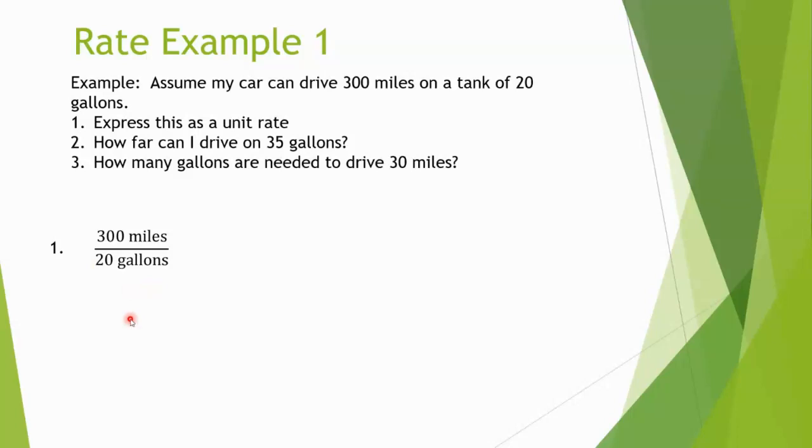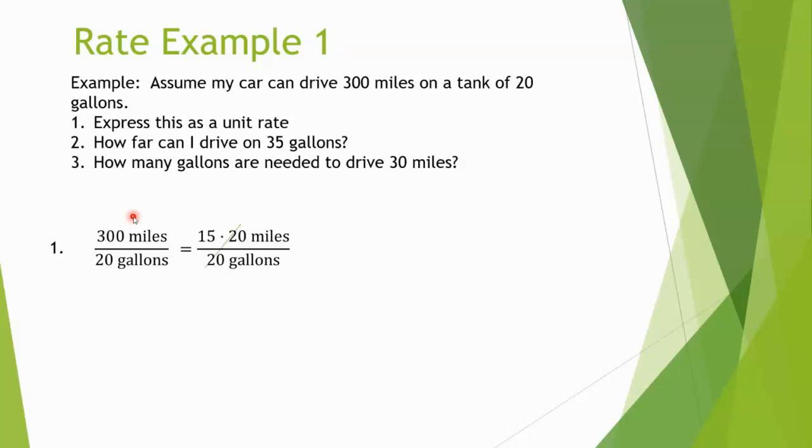But again, we want that to be a unit rate. So as we saw yesterday, what that means is this 20, we want to basically make into 1. How do we do that? Well, if we can get a 20 on top, then we can factor. And it turns out you can. Namely, 300 can be factored as 15 times 20.